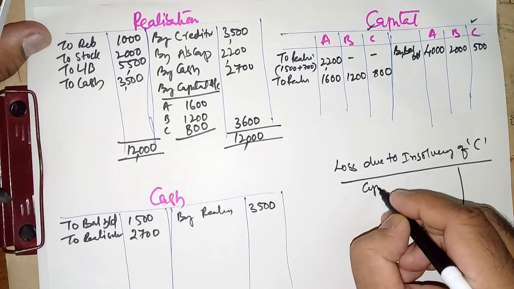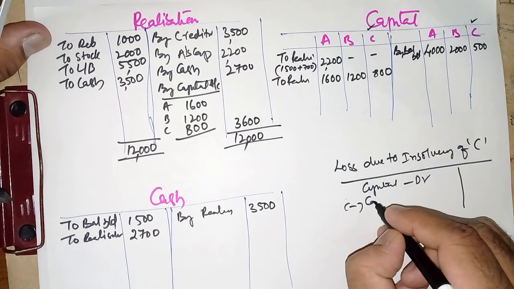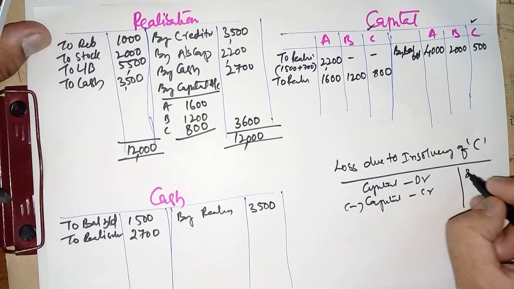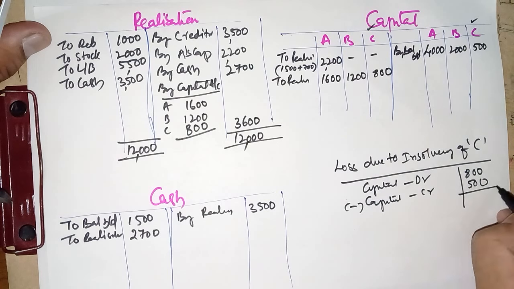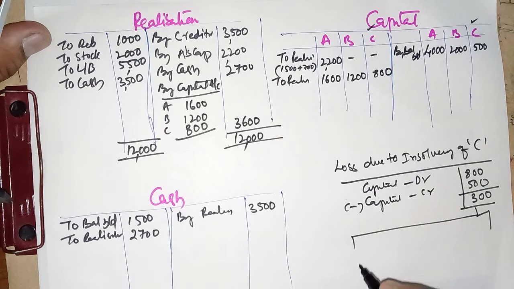Capital debit balance minus capital credit balance. Debit balance is 800, credit balance is 500, so therefore the loss is 300. This loss is to be borne by whom? The solvent partners, that is A and B. Right?